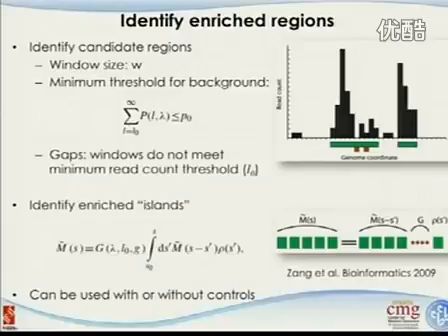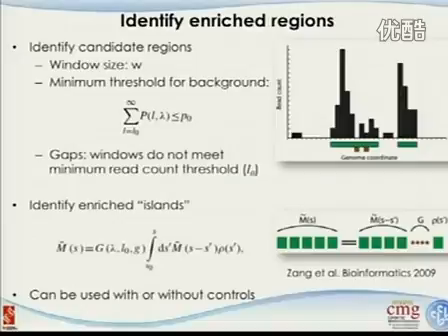And this is the first step. The second step is based on this type of pattern: there are so many bins that have a signal, and suddenly there are 1 or 2 gaps. What is the probability that this is one enriched island? This is the concept of what they do.